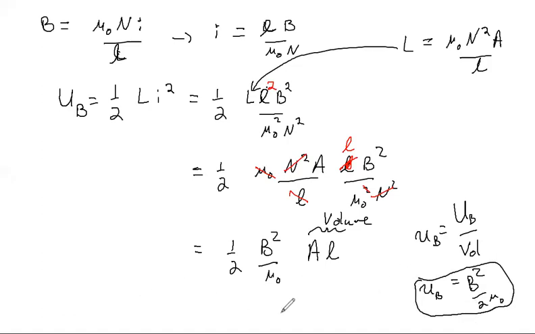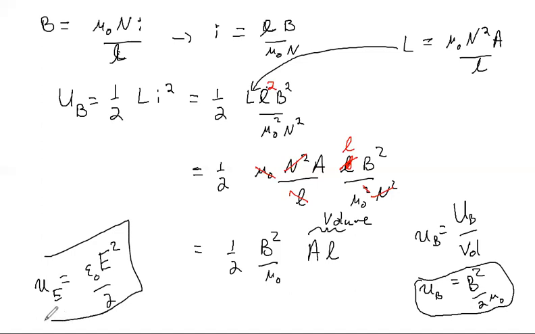That should look pretty familiar. You might remember that we had a similar energy density for electric fields, epsilon naught E squared over 2. The constants upstairs differ, but it's a very similar expression. As we've found many times, there's a definite parallel structure between the electric and magnetic fields.